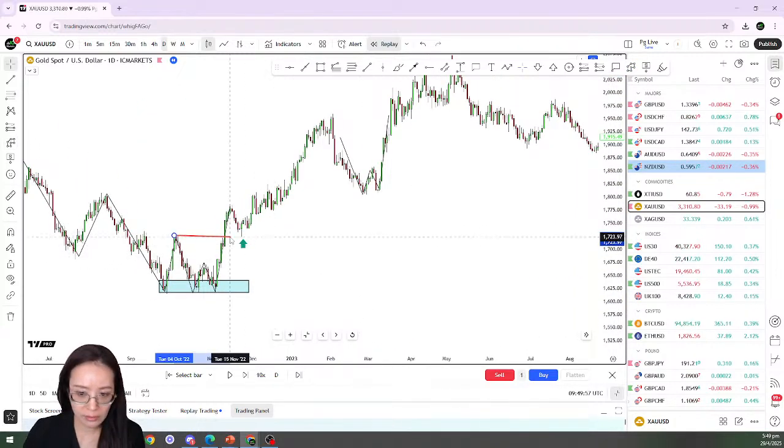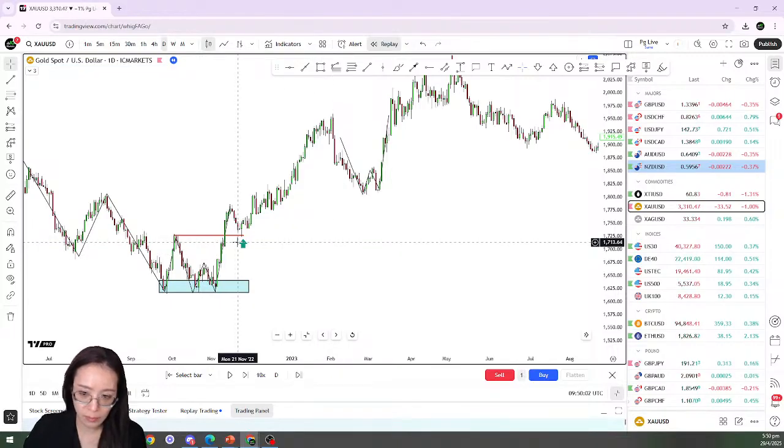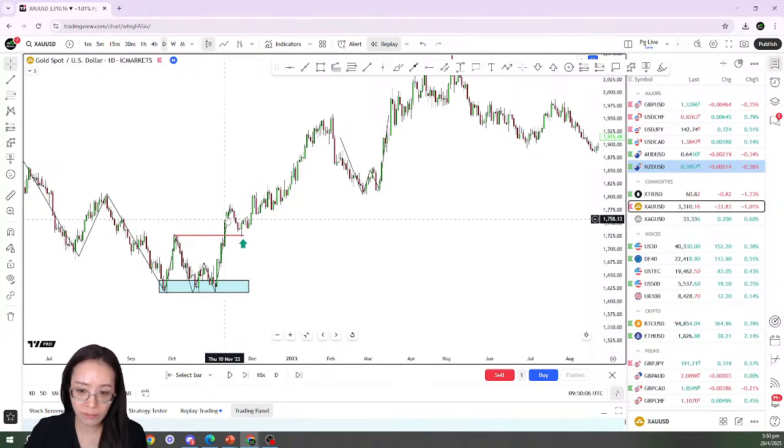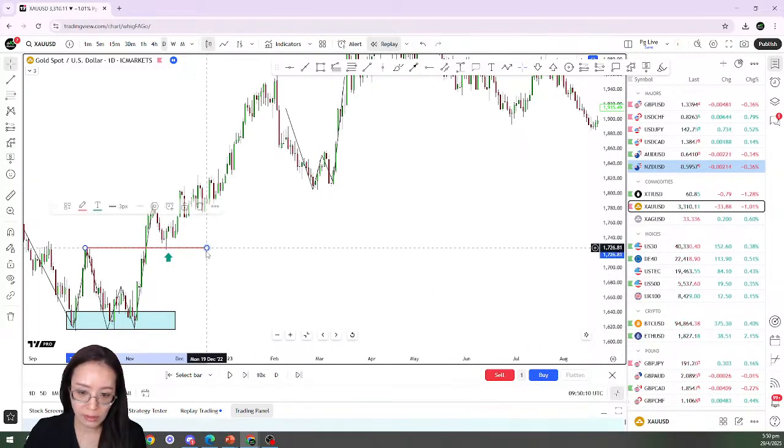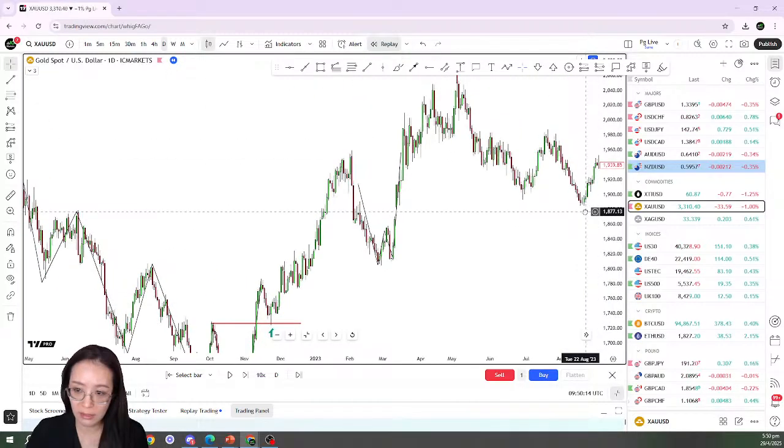So this breaks your resistance, or you can say this is your market structure shift or change of character. Then price rises, and you can see it pulls back to the resistance level, which now becomes your pullback support, and then it rises.